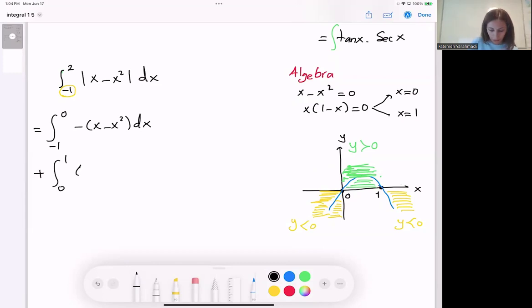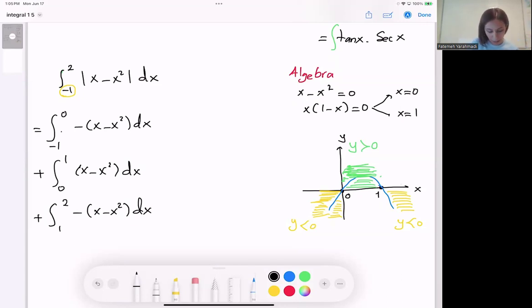It means that I get x minus x squared back. And from 1 to 2, the y is negative again. Remember the definition of absolute value. You have a negative sign in front of x minus x squared dx. So you have 3 integrals to calculate.